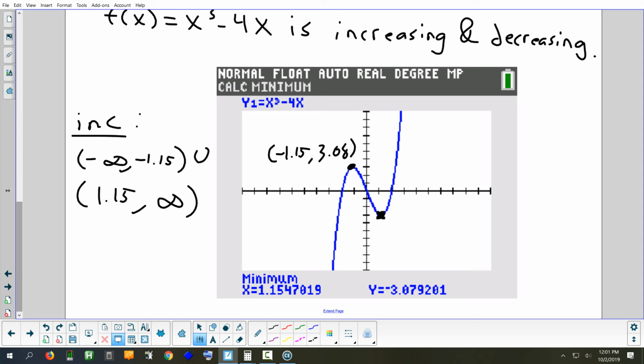There and there. Now, where is it decreasing? From? Not what's it decreasing to. So the increasing and decreasing is always the x value. Negative 1.15 to positive 1.15. That's where it's decreasing. So you just have to know how to find mins and maxes.